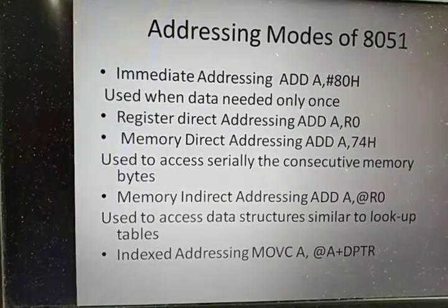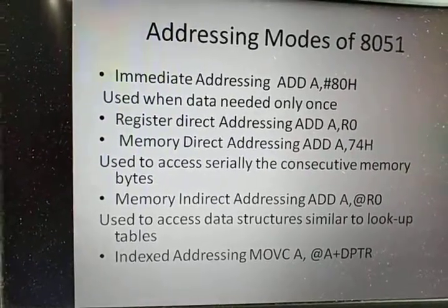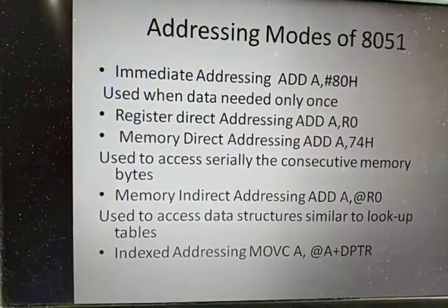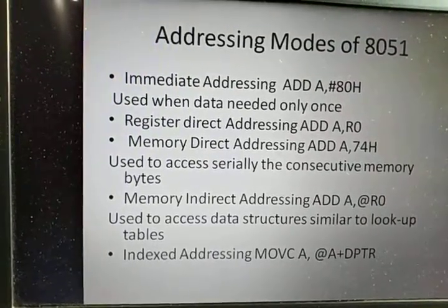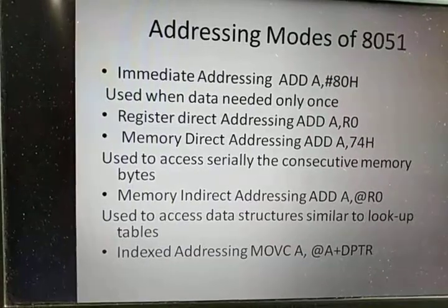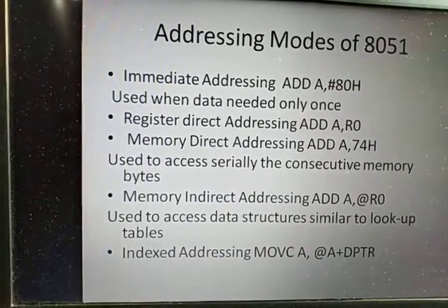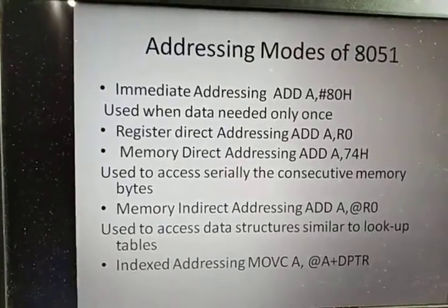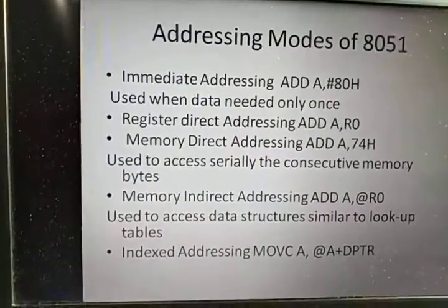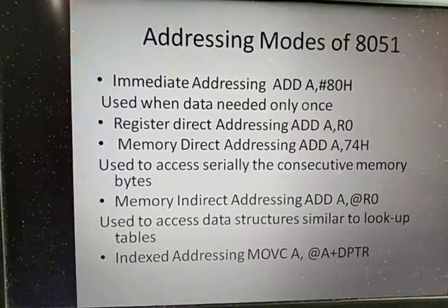So remember the difference between the addressing modes in microprocessor and microcontroller. In microprocessor, the number in the instruction indicates an immediate value, whereas the address is given in square braces. But in 8051 microcontroller, the constant is represented by a hash symbol and a number represents the address of the memory.